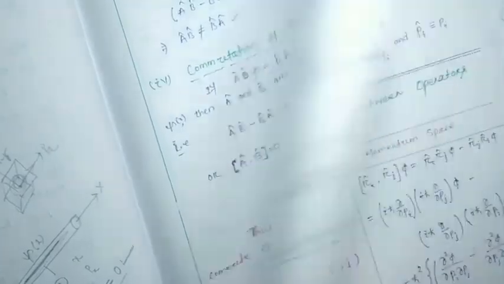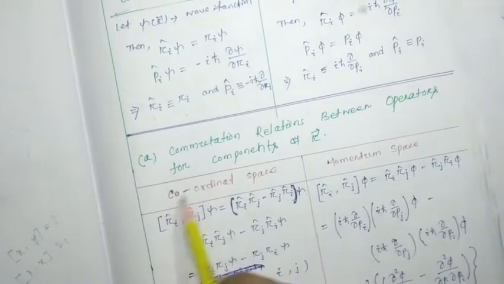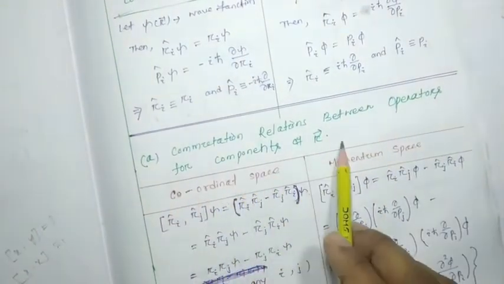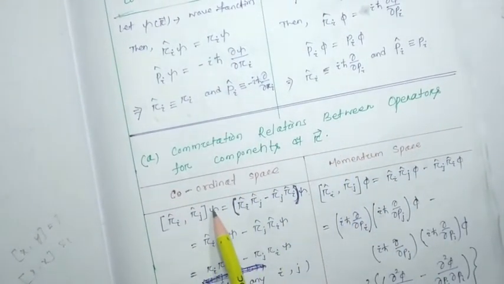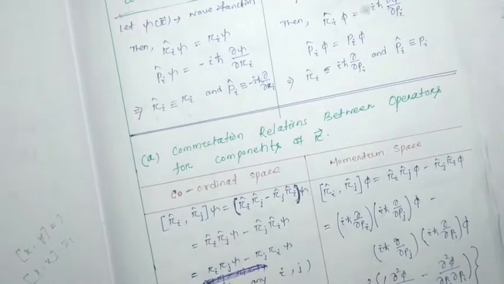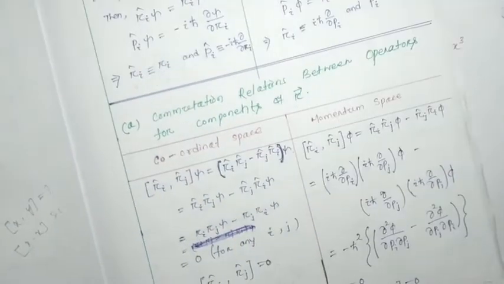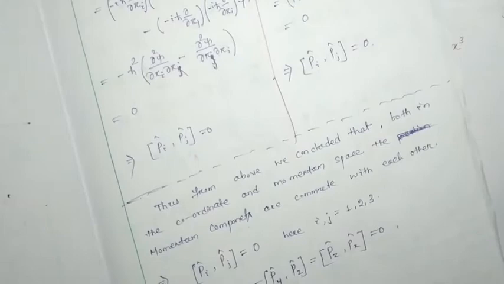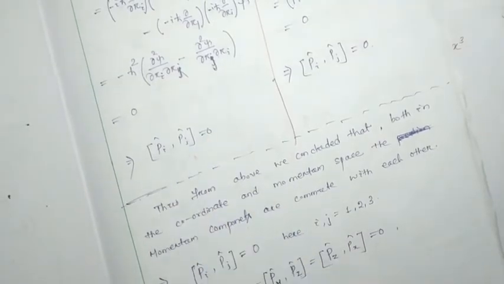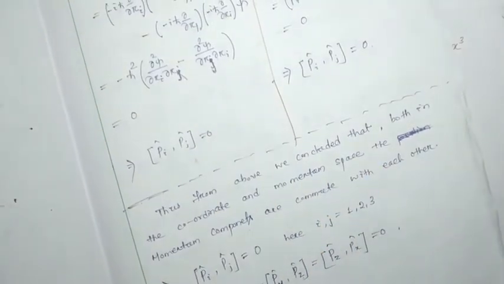When we discussed the commutation relation between operators of components of R, at that time we considered an arbitrary function. Then we solved it traditionally, and found that the value will be 0 for position components, and the momentum components also commute with each other.